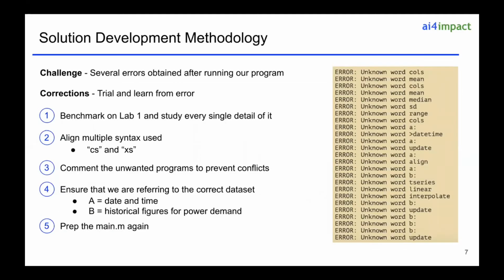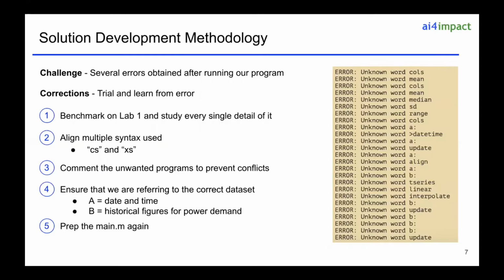Of course, we did have a lot of challenges during our journey. We obtained several errors after running our program. To correct this, we learned from our mistakes and did a lot more trials. First of all, we benchmarked on Lab 1 and studied every single detail of it. Then we aligned multiple syntaxes used and commented out the unwanted programs to prevent any conflict.